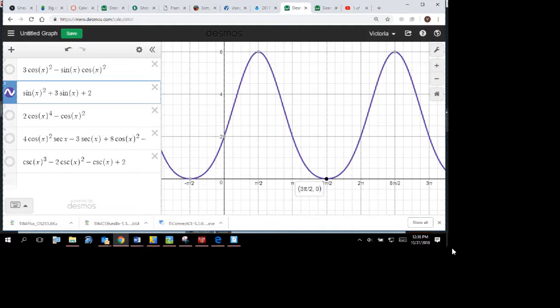And then you just want to look from 0 to 2 pi. From 0 to 2 pi, there should just be one solution. It should be at 3 pi over 2. Okay, let me go to the next one.